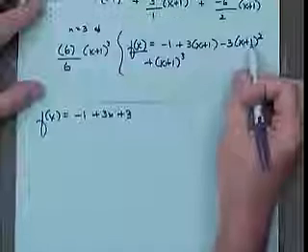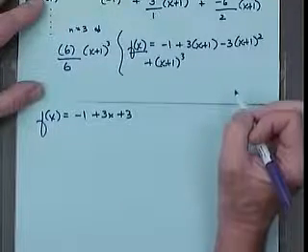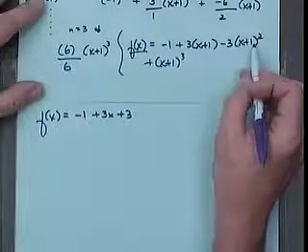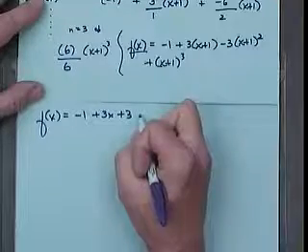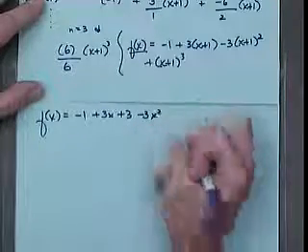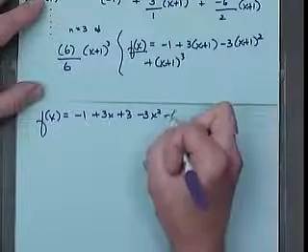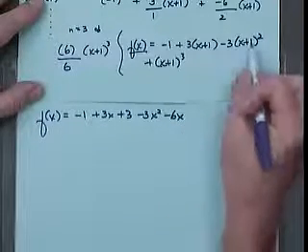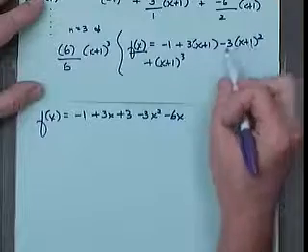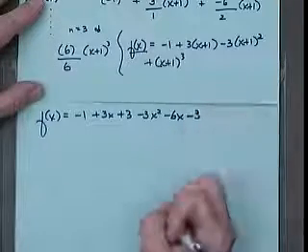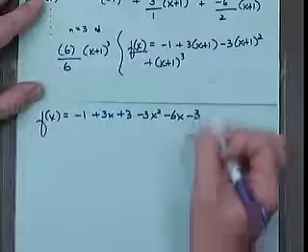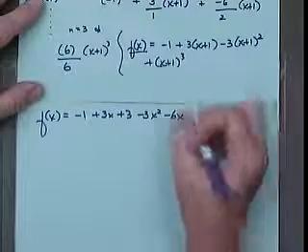We've got negative 3 times x plus 1, the quantity squared. So let's square it and then distribute the negative 3, which would be negative 3x squared. The middle term is 2x, so minus 6x. The last term would be 1 times negative 3. So there's that binomial squared with the negative 3 distributed.